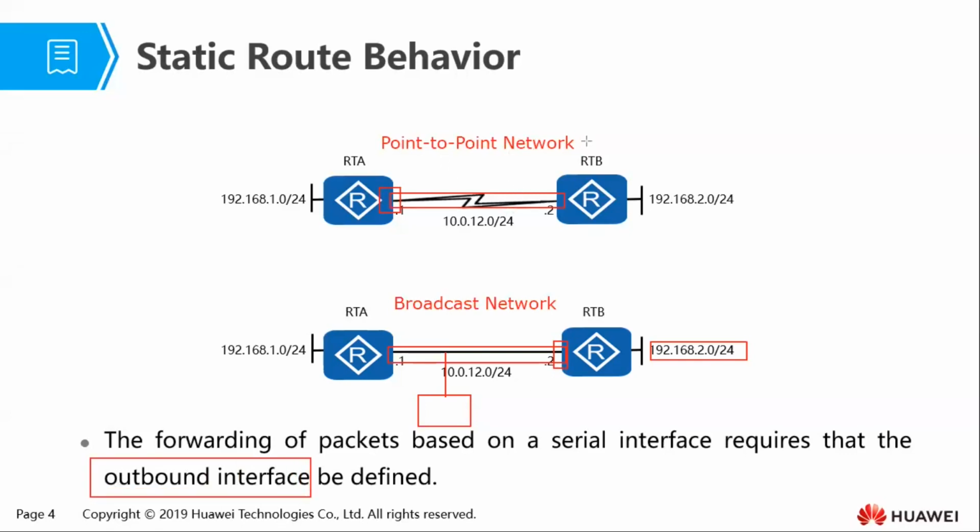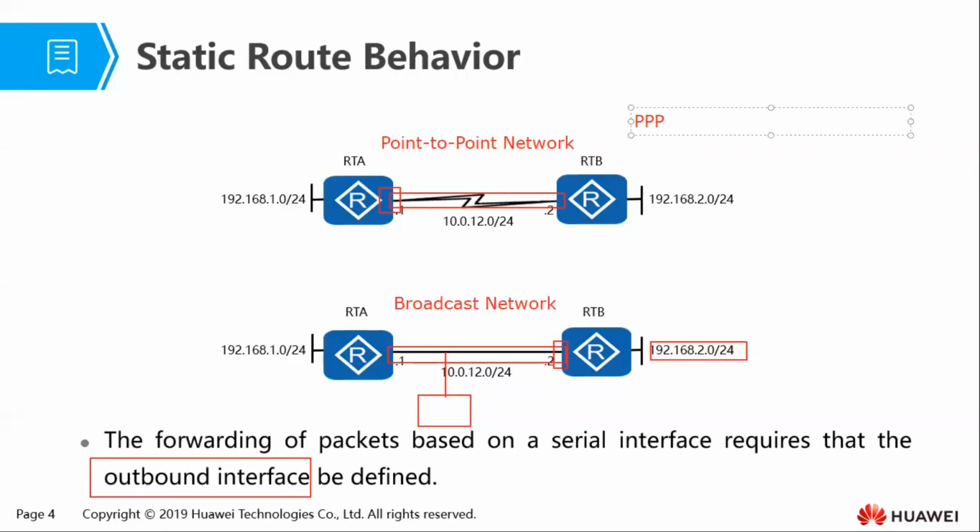Because it's a point-to-point connection, when we send that packet out towards that interface, it's going to eventually reach here. The other reason we define only the outgoing interface when we are using a serial connection is that point-to-point networks use what we call PPP.